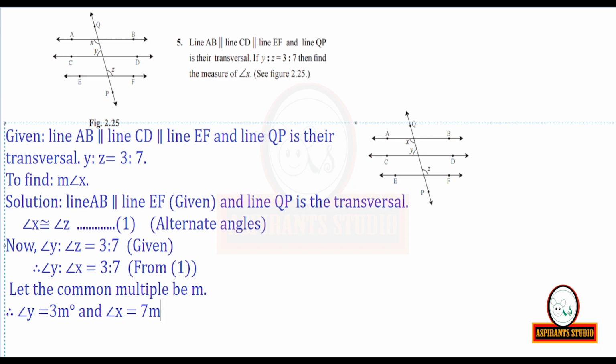Now, line AB is parallel to line CD also. It is given in the question. Now take these two parallel lines. Line AB is parallel to line CD, that is given, and line QP is the transversal.